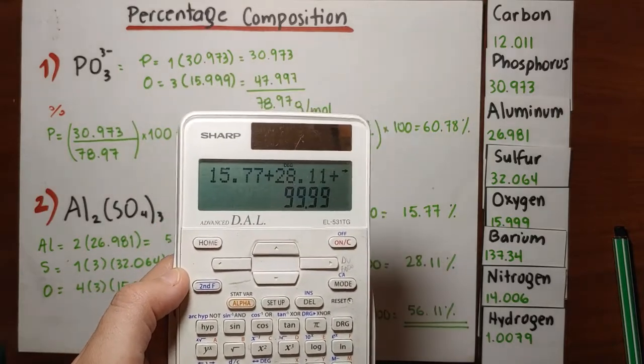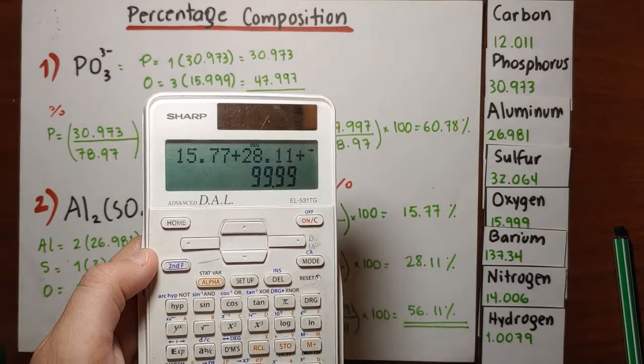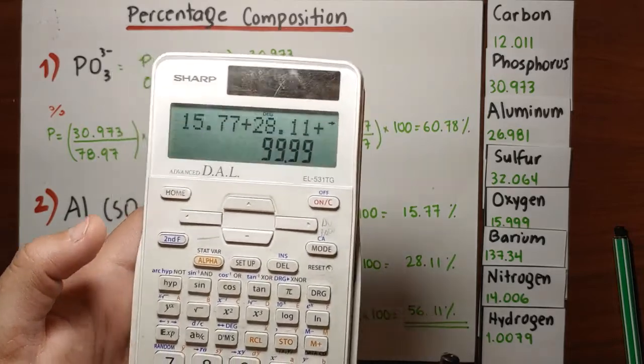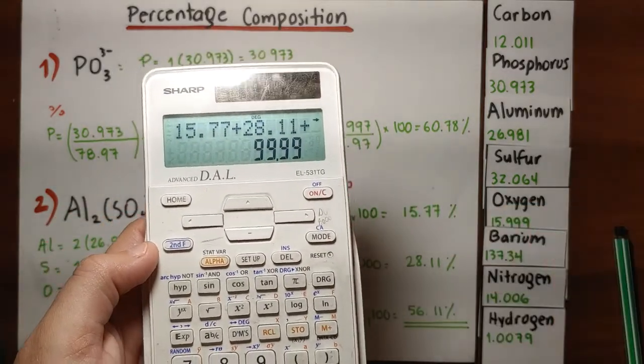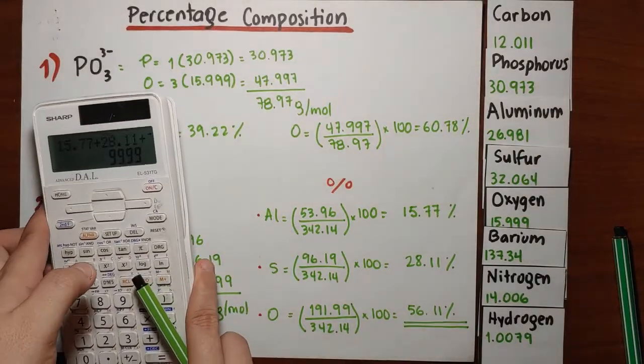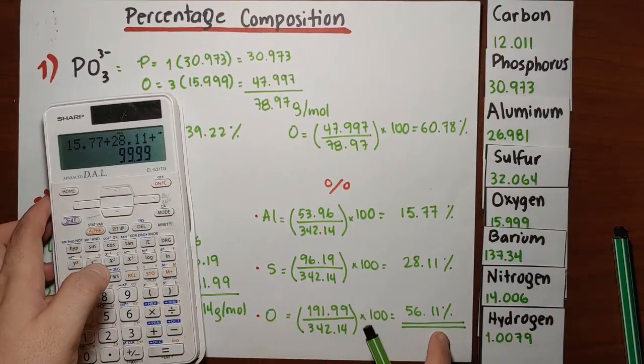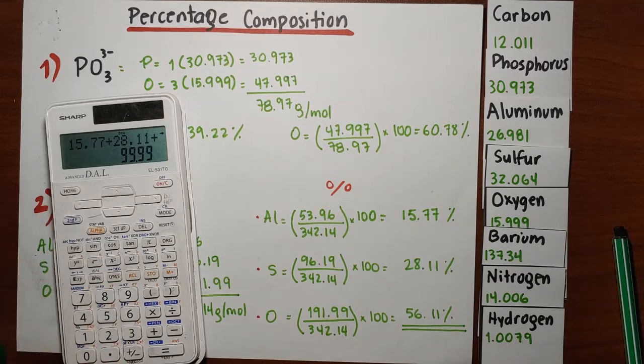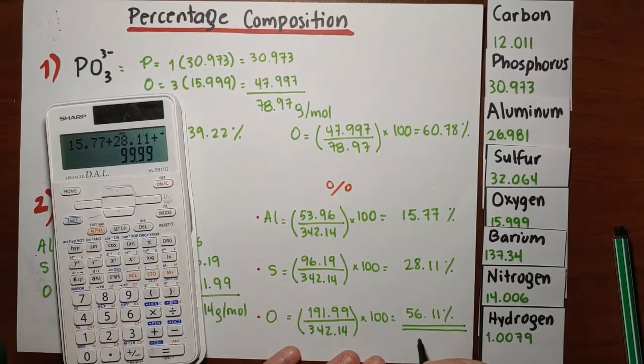Look, I got 99.99. It's not 100, but it's almost 100, so it is accurate, okay? So we can say that we did it right. Why does it occur? Most of it happens from rounding, but it's not a big deal, guys. It's good.